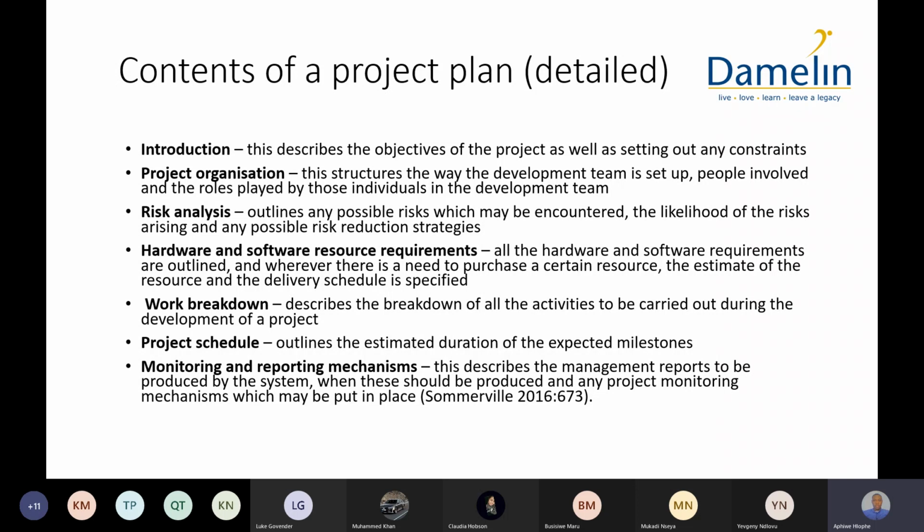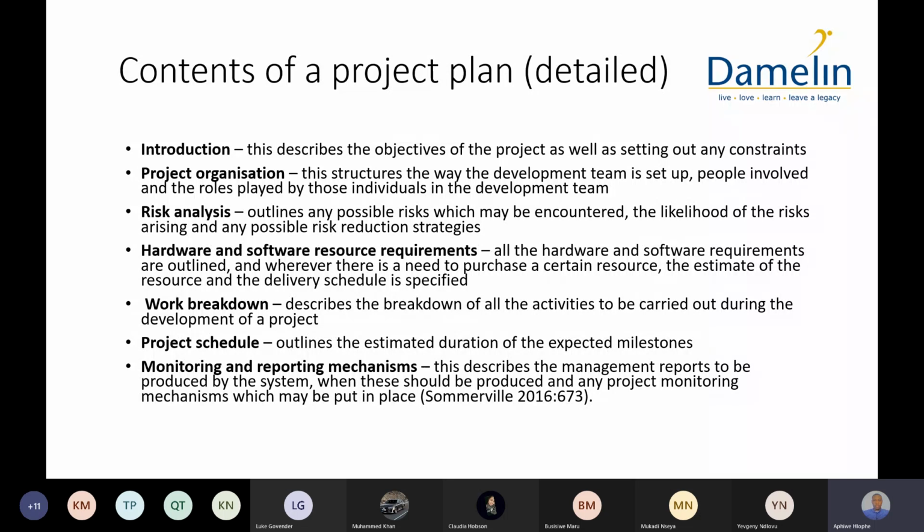It's going to be an introduction, which outlines the background or the context in which this project is being established, the project organization, who are the project team, okay? Your risk analysis, we mentioned why risk analysis is important in the previous study unit.